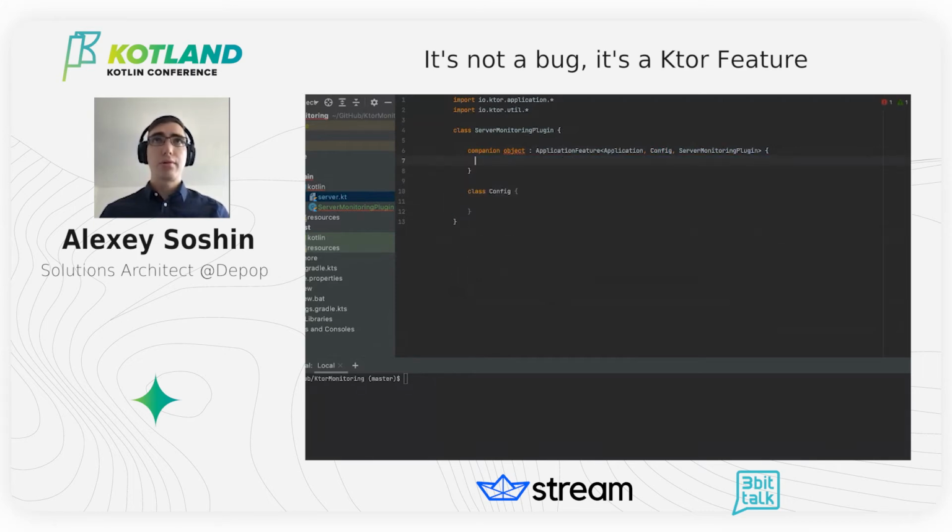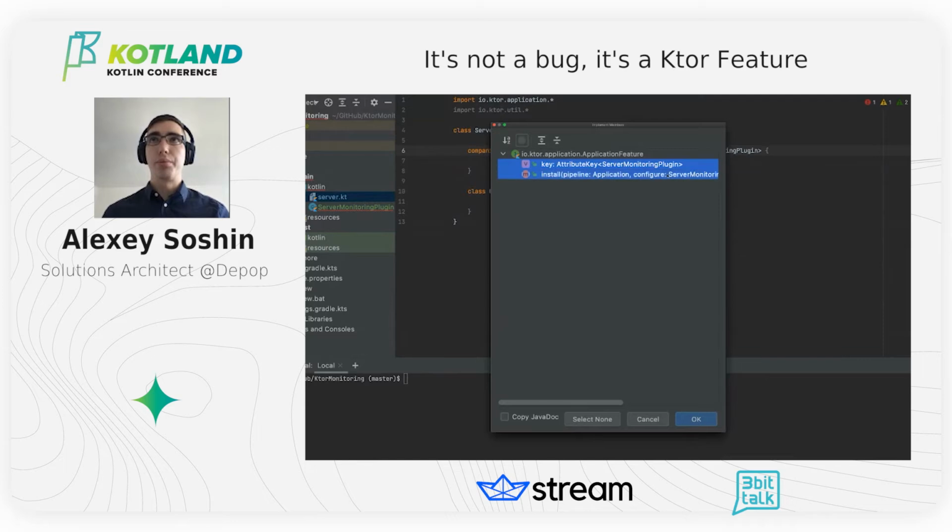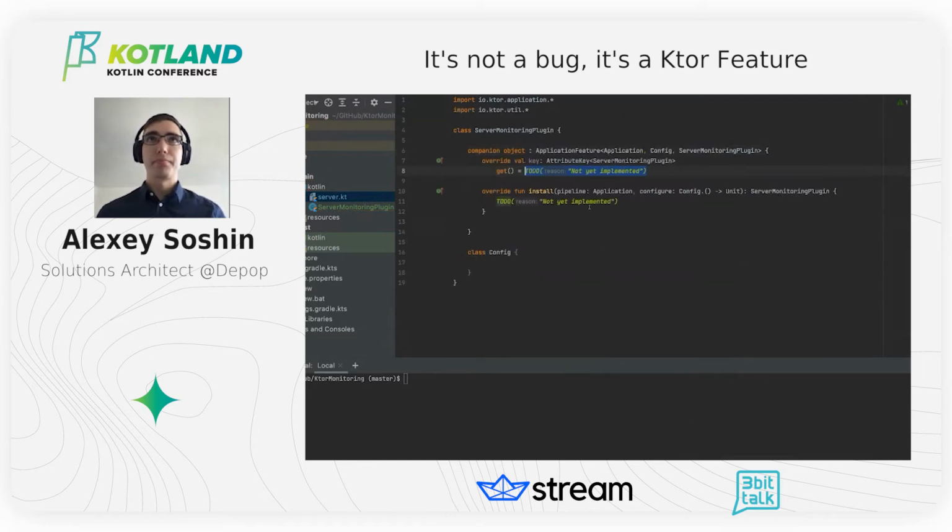Let's delete this part, and we will let IntelliJ implement our methods again. Okay, now it should be a bit more clear. I think the hardest part of understanding how plugins work, this three-typed signature, is behind us.